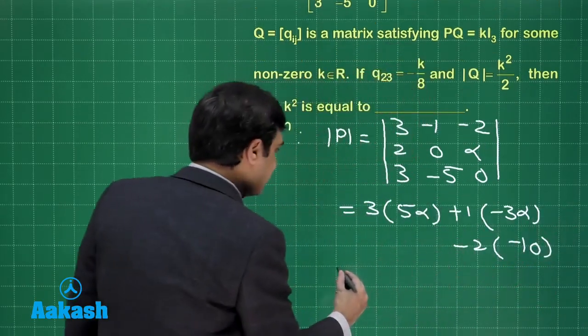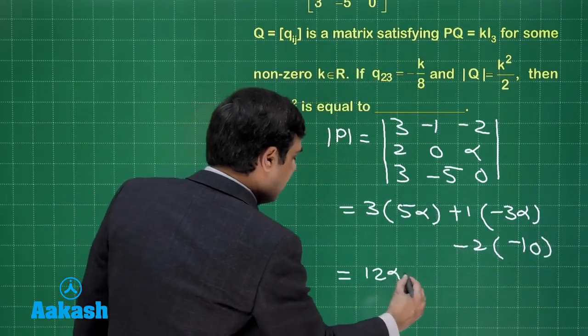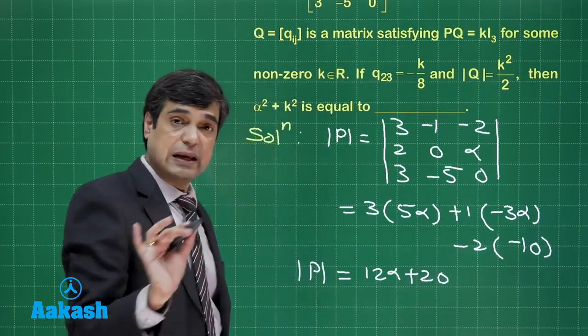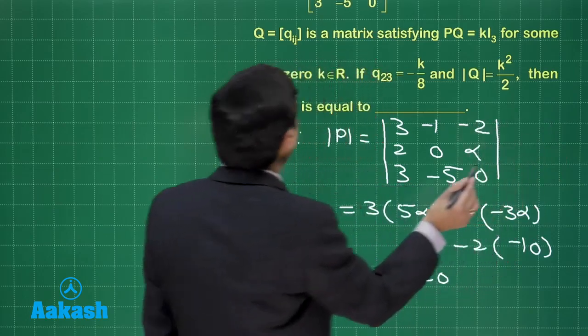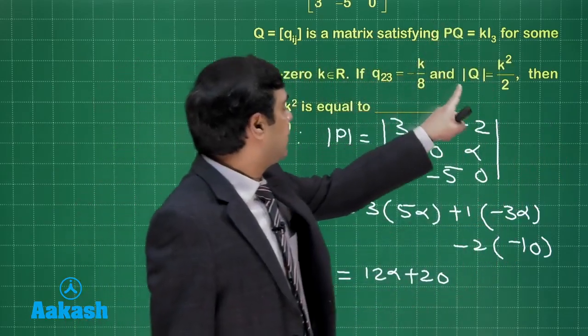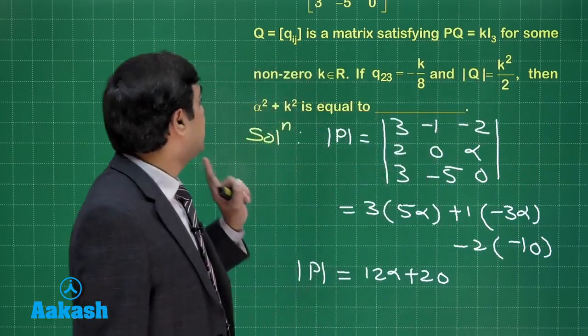So this is simply 12 alpha plus 20. This is the determinant of P. Clear? Now, it is given to me that PQ is kI3 and the determinant of Q is k square by 2.